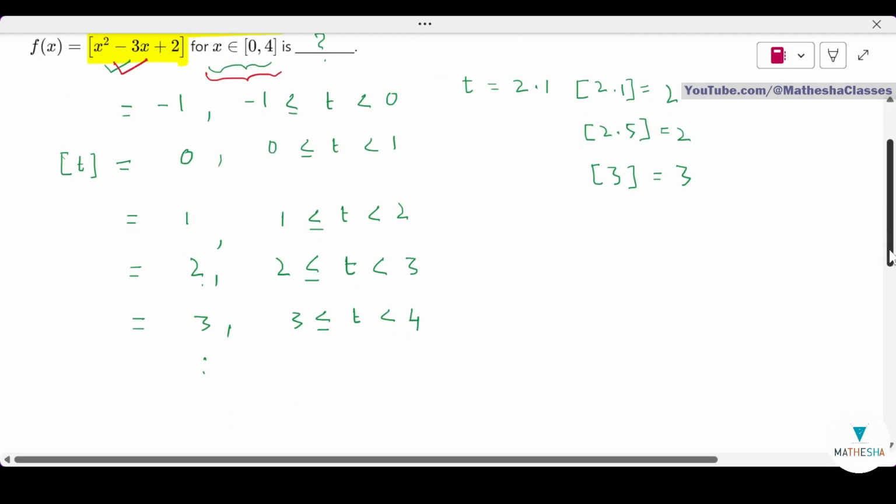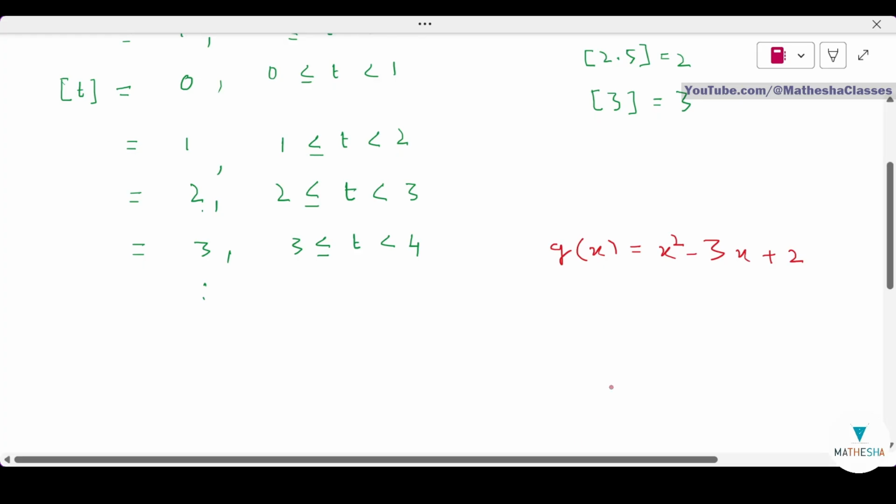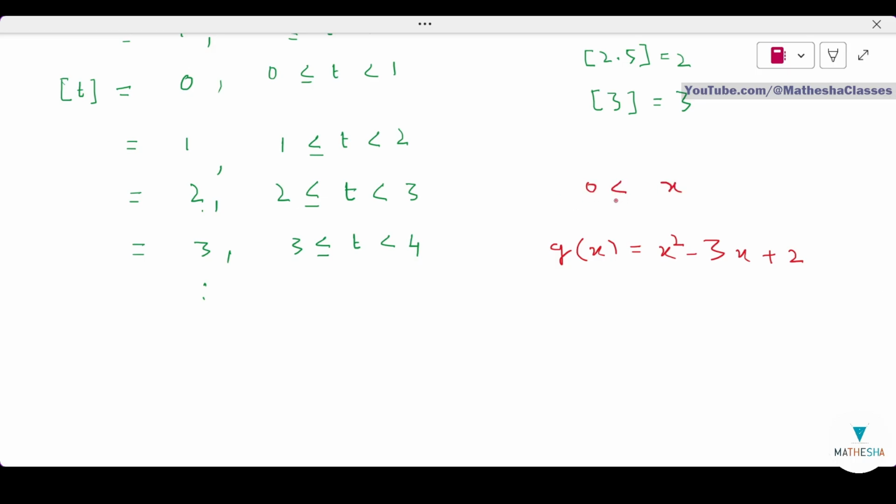So first of all, note one thing, that the function we have to work with is box of g(x), where g(x) is equal to x square minus 3x plus 2. You do not have to work with this function, you have to work with the box of it. And now you have to consider the value of x between 0 and 4.